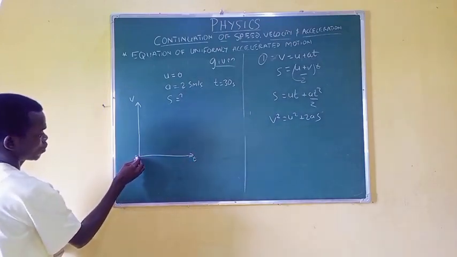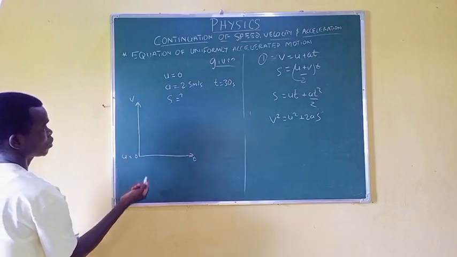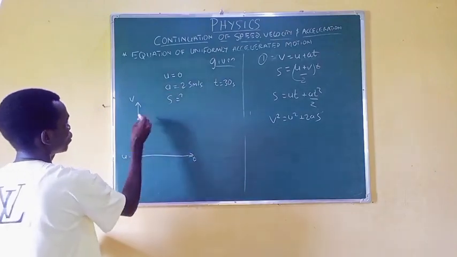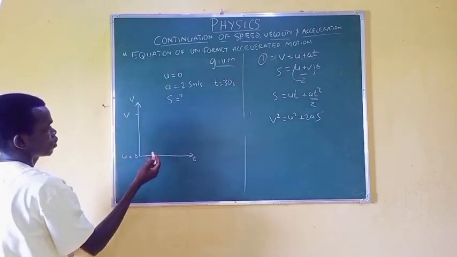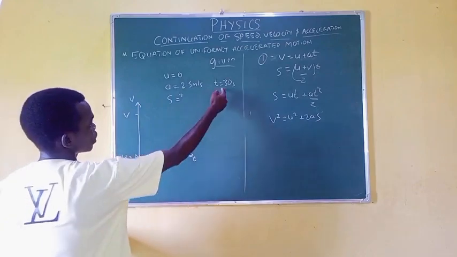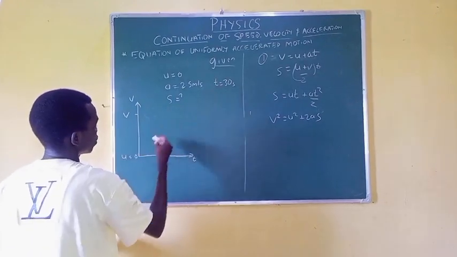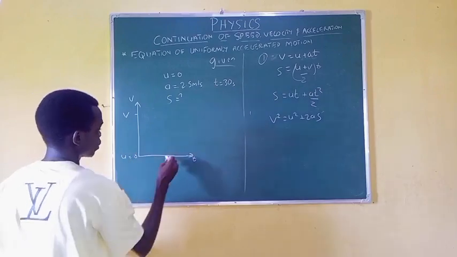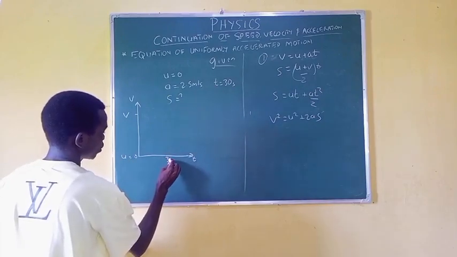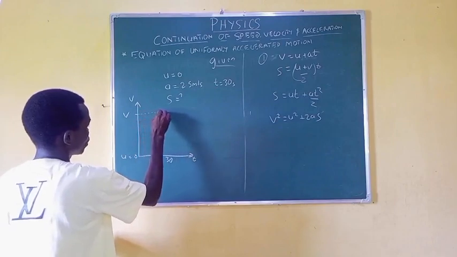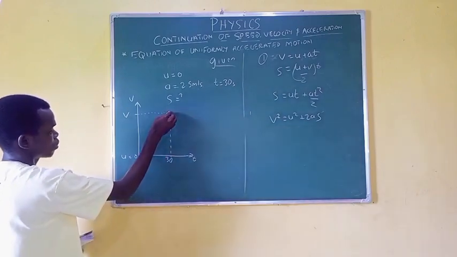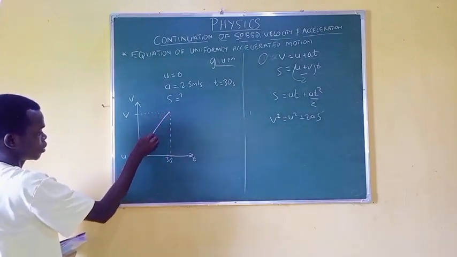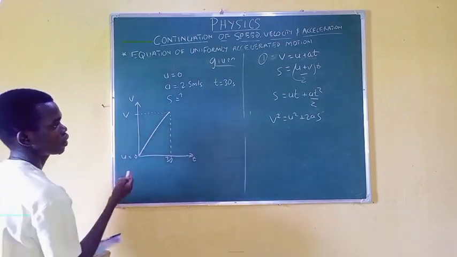We have the initial velocity u equal to 0, and the final velocity is not given, so we assume it to be the final velocity, which is plotted against time. T is equal to 30. We now have to trace and draw from the point of intersection to the initial.